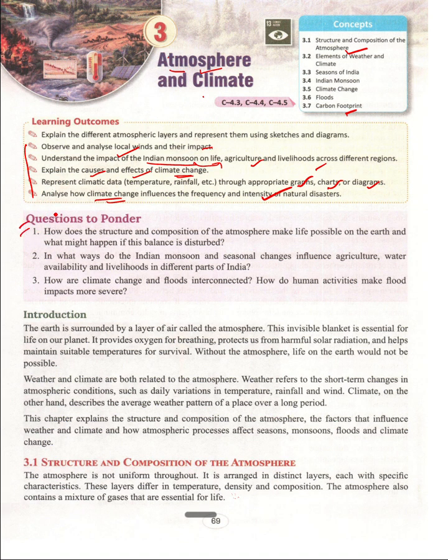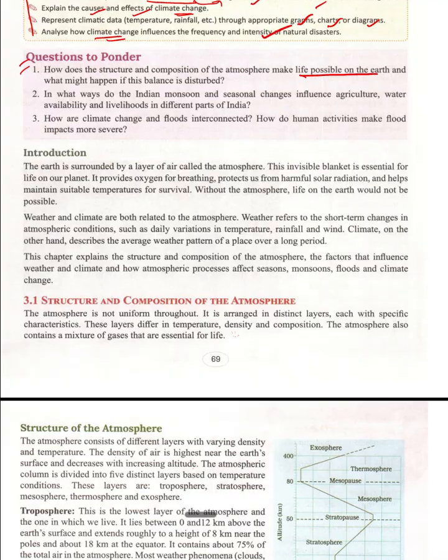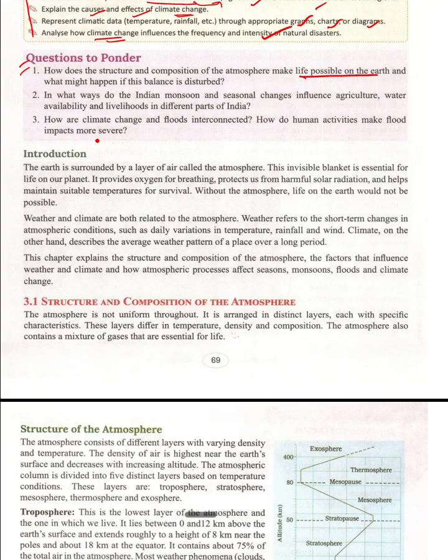Coming to the question to ponder: how does the structure and composition of atmosphere make life possible on the earth, and what might happen if this balance is disturbed? Life will not exist. The answer here depends on structure and composition.